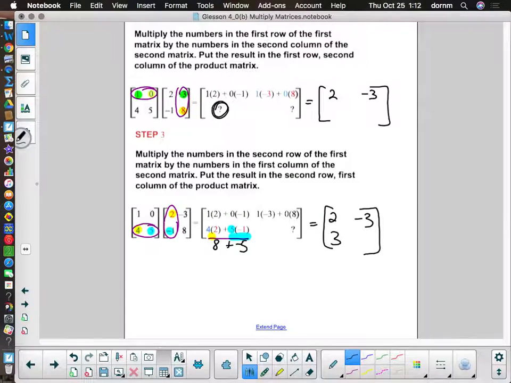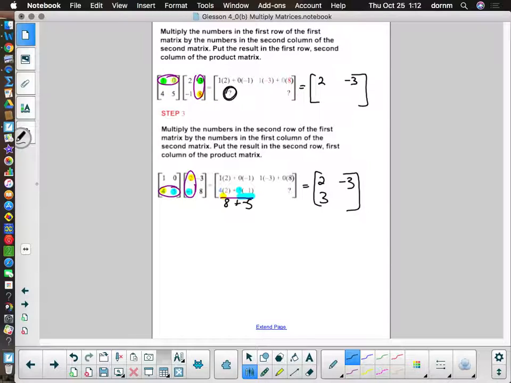Finally, let's do the last one. In order to do the last one, I'm going to have to do row 2 times column 2. So I'm going to erase a little bit here. Hold on. And again, this time, row 2 times column 2.